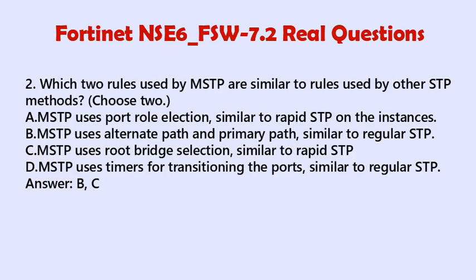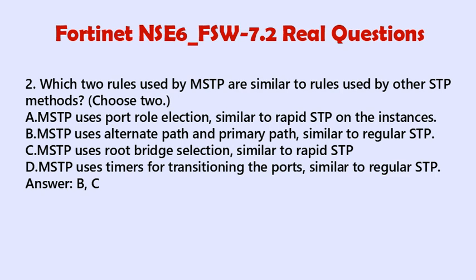2. Which two rules used by MSTP are similar to rules used by other STP methods? Choose 2. A. MSTP uses port role election, similar to rapid STP on the instances.